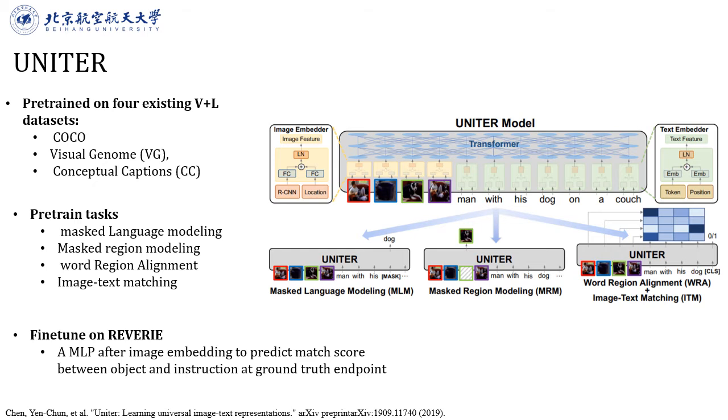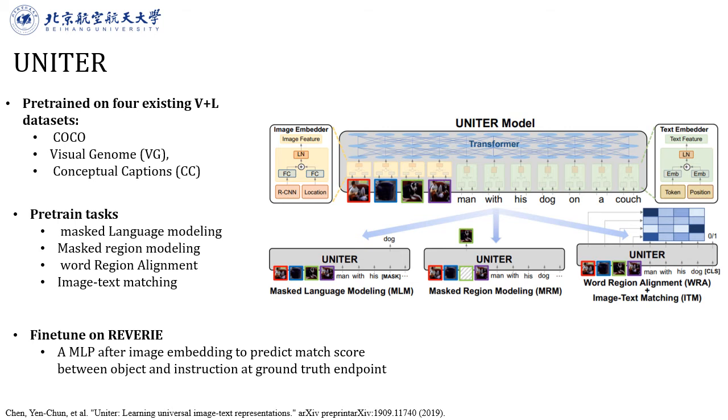It is pre-trained on 3 big vision and language datasets, including COCO, Visual Genome, and Conceptual Captions. During training, it uses 4 self-supervised learning tasks, including masked language modeling, masked region modeling, word region alignment, and image text matching.